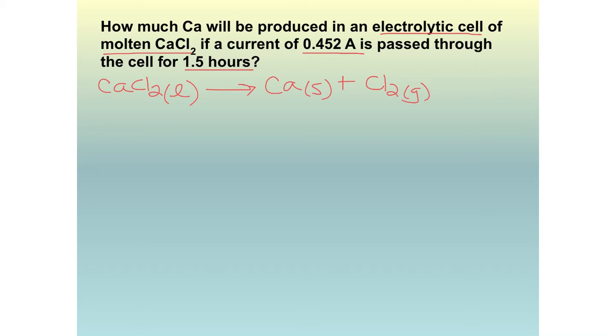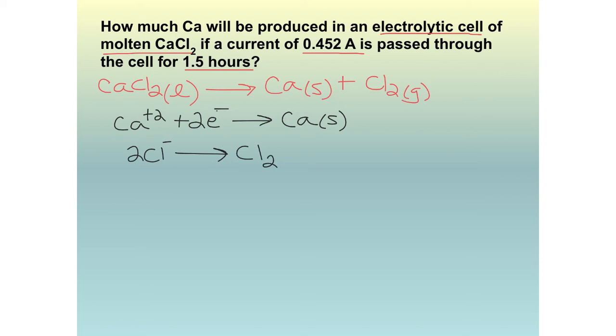If we wrote out our half reactions, Ca2+ plus 2 electrons will be reduced to the calcium metal, and 2 chloride ions turn into Cl2. That would be an oxidation, and there would be a loss of 2 electrons.